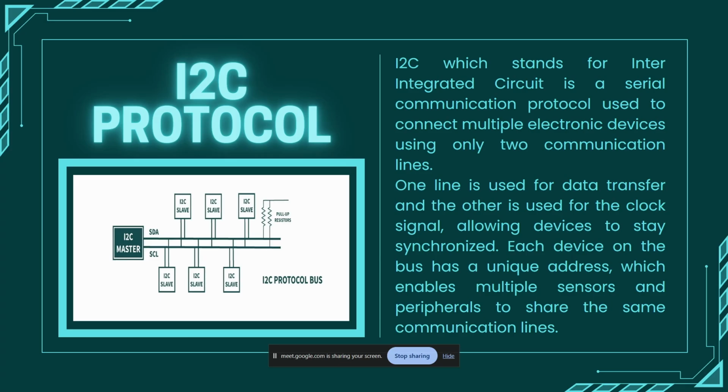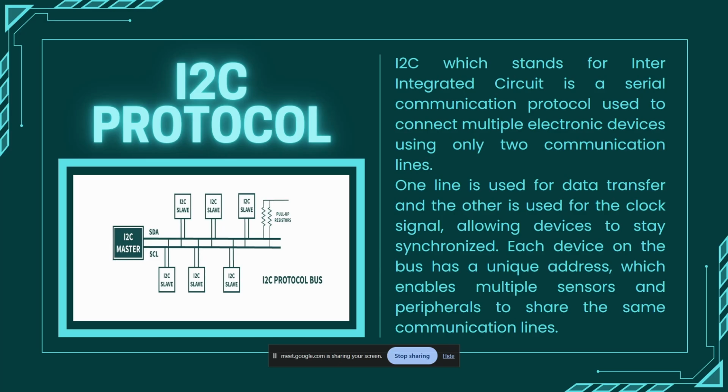So basically, we have one master and a ton of slaves which are connected to SDA and SCL. Let me read through the slide once. I2C stands for inter-integrated circuit, and it is a serial communication protocol used to connect multiple electronic devices using only two communication lines.